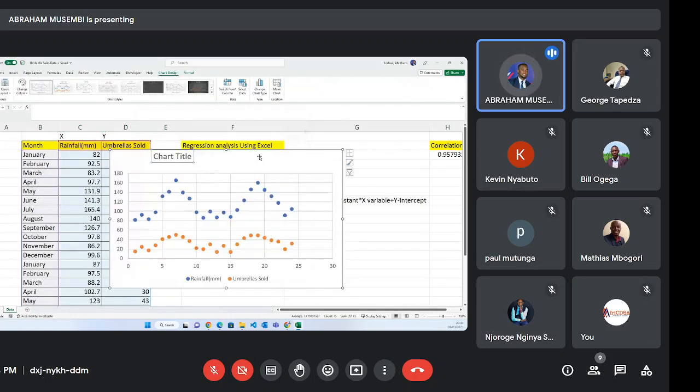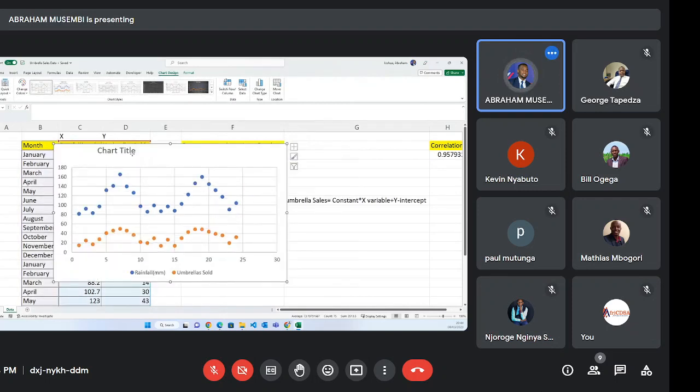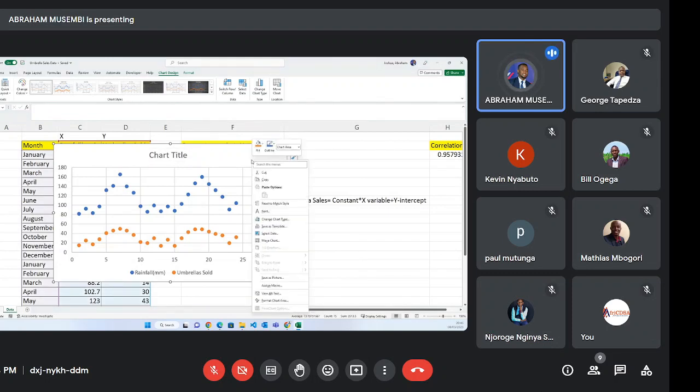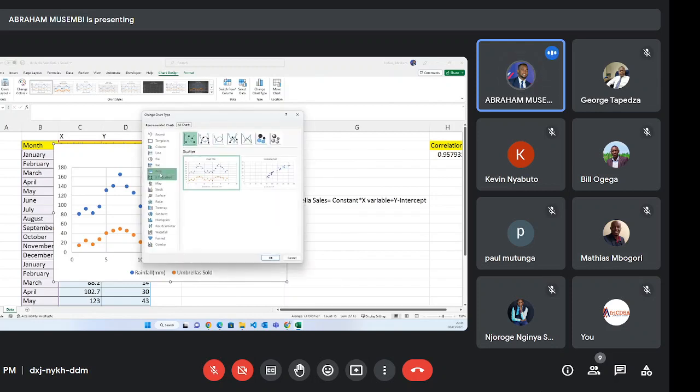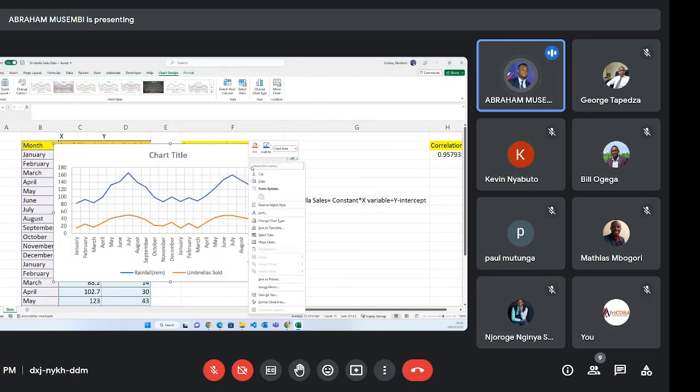So basically this shows us the trend, the monthly distribution of our rainfall, and this could be better if we were to represent that using a line chart. Okay, just a minute.